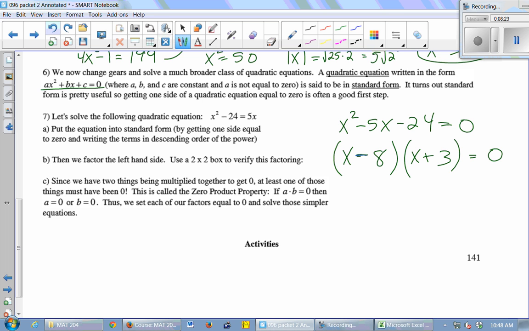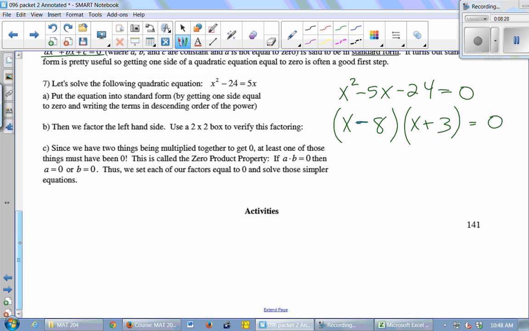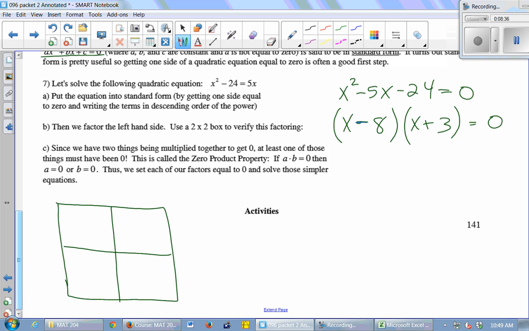All right, so before I finish solving this, let's also do that factoring with the box, just for those of you who like the box. All right, so we put the x squared in the upper left, and we put the constant term in the lower right. And then over to the side, we write negative 24x squared, and we list its factors.